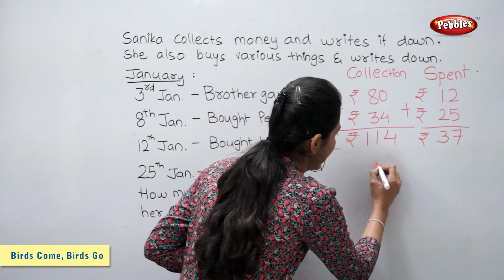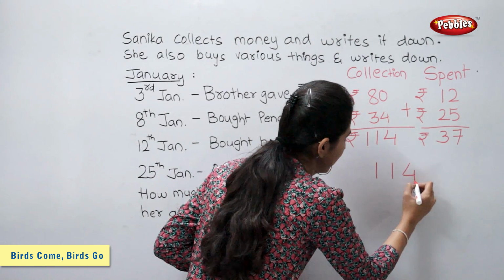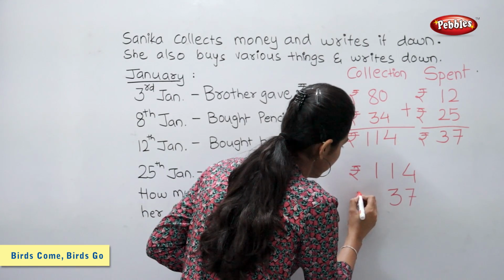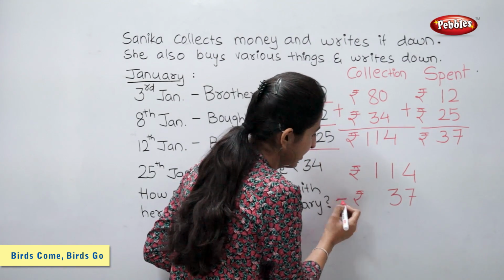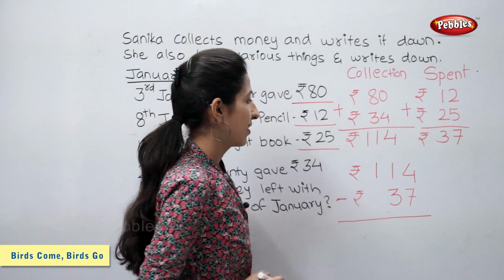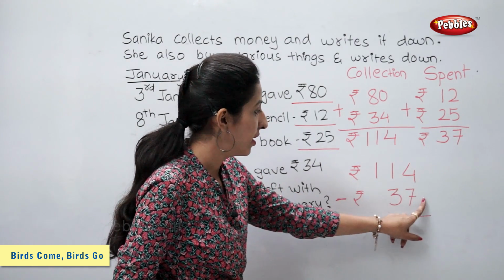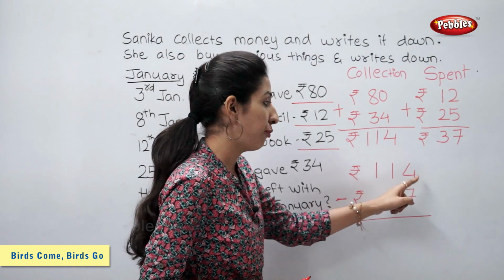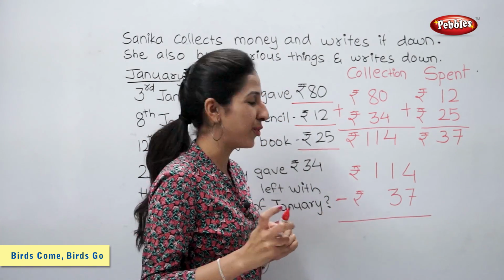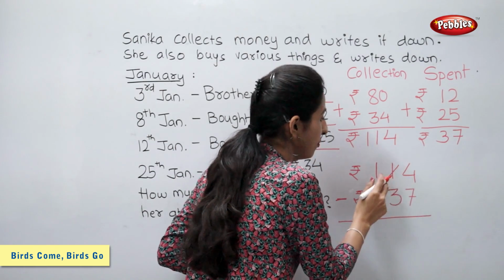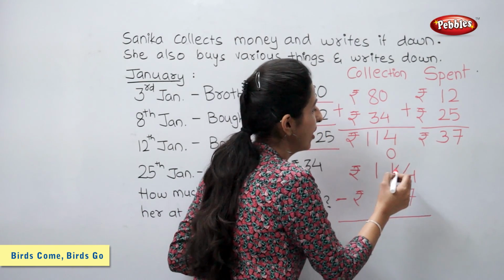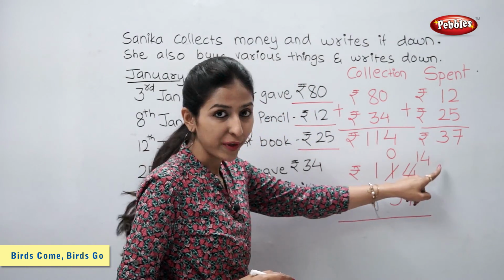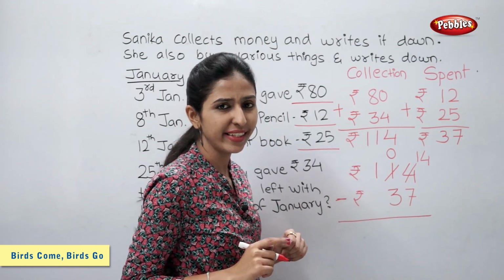Let us subtract. 4 minus 7. Students, we cannot subtract 7 from 4. So, let us borrow. 1 becomes 0. 4 becomes 14. Now 14 minus 7 is 7.